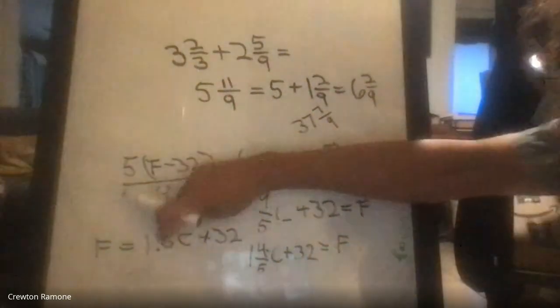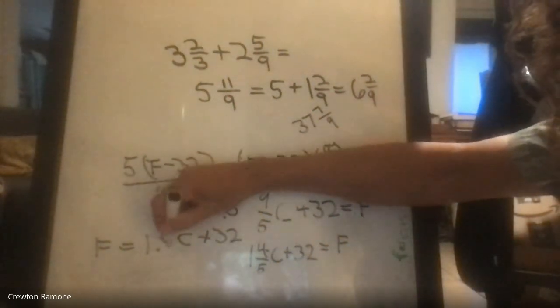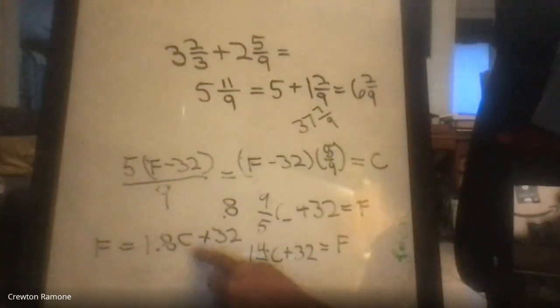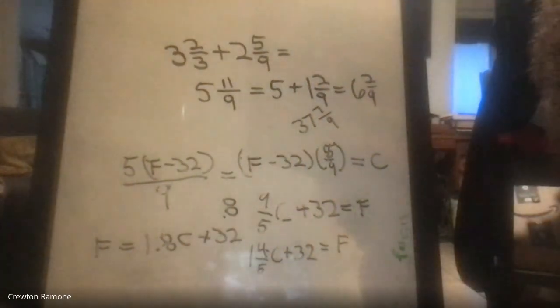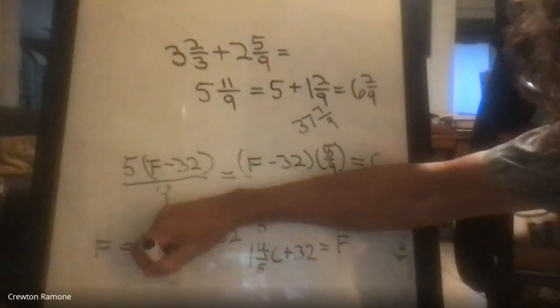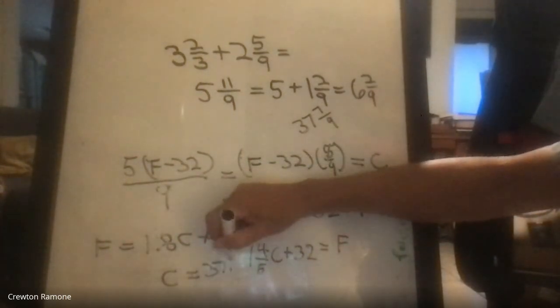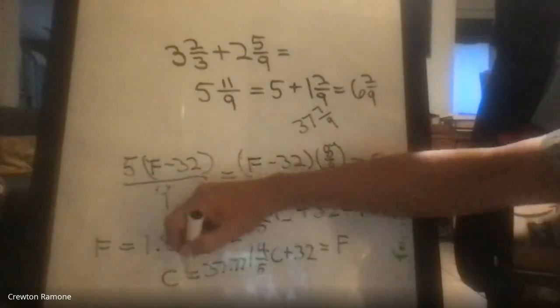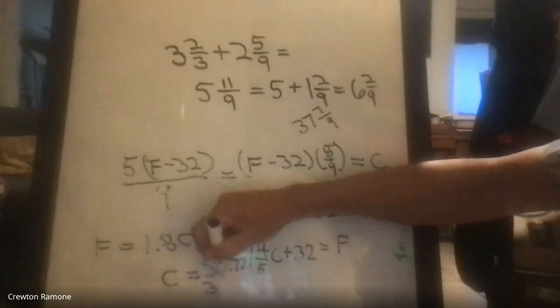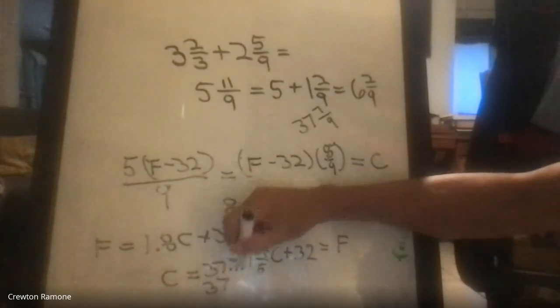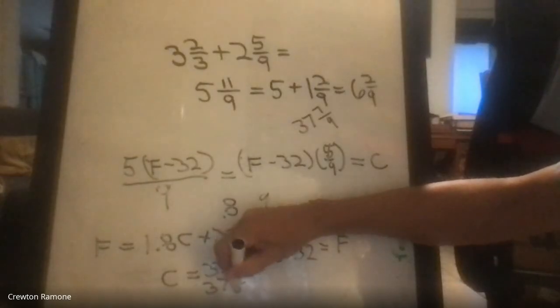How's that? Okay, so like I said, I'm telling you that C equals 37.77 or 37 7/9.